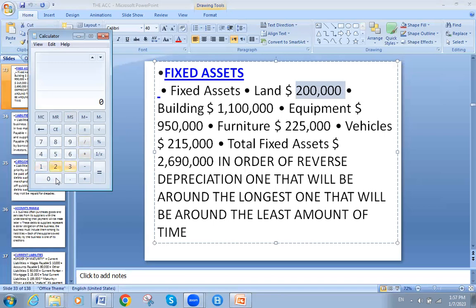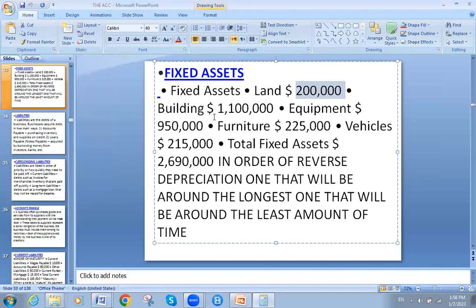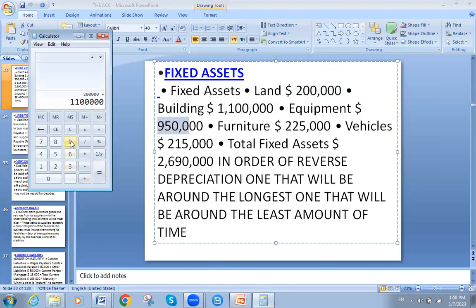So here we will say 200,000 plus 1,100,000 plus 950,000 plus 225,000.